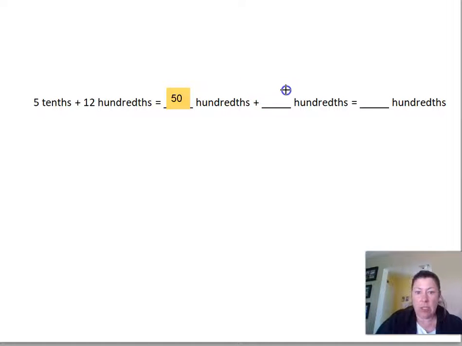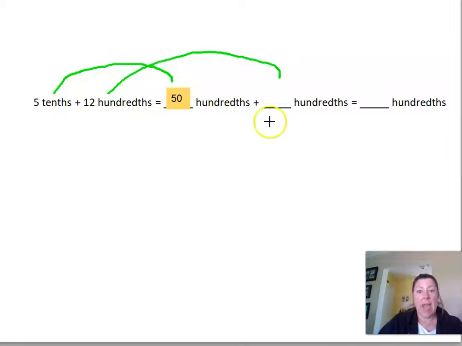My 12/100ths are already hundredths, so I'm keeping my 12/100, and 50 plus 12 is 62/100. Now we're going to go to the whiteboard.